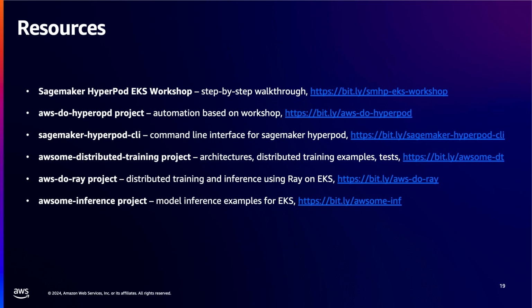This would give you all information about how to use and provision and manage your workloads on SageMaker HyperPod. The getting started quickly out of the box experience you get from the AWS Do HyperPod project is available from GitHub. Just clone the project, run the build and run scripts, and you're up and running.